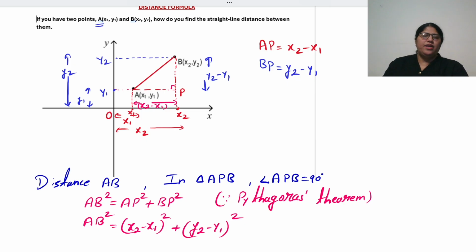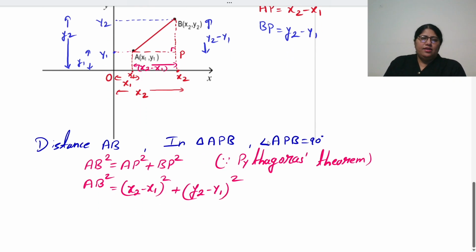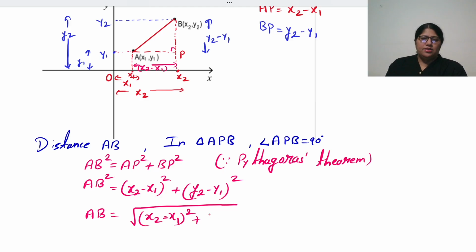So what is going to be my distance formula? Because I need the length of AB. So AB is going to be root of x2 minus x1 whole square plus y2 minus y1 whole square, right? So this is going to be your distance formula.